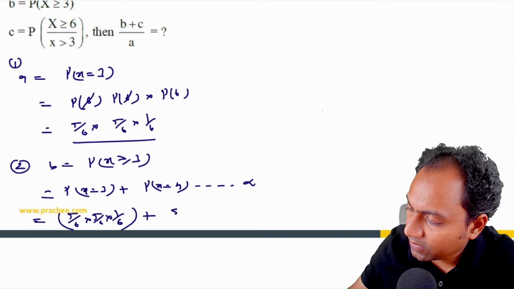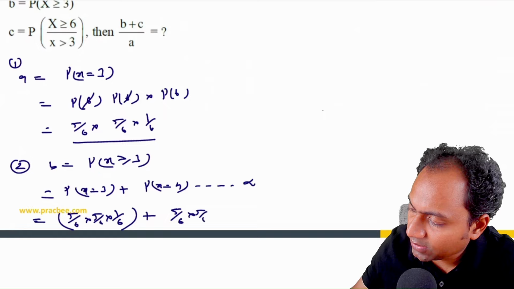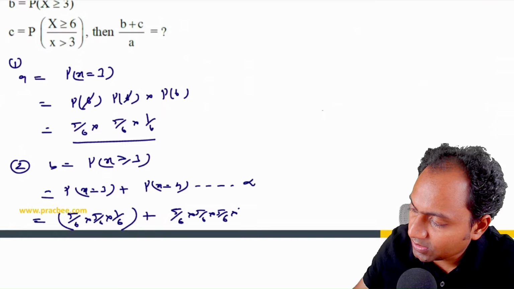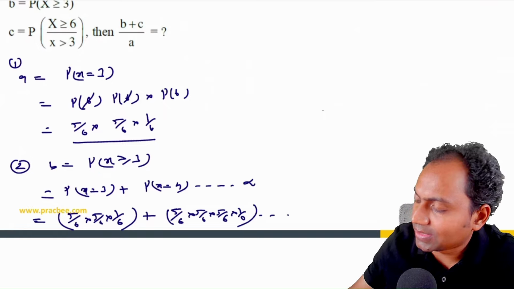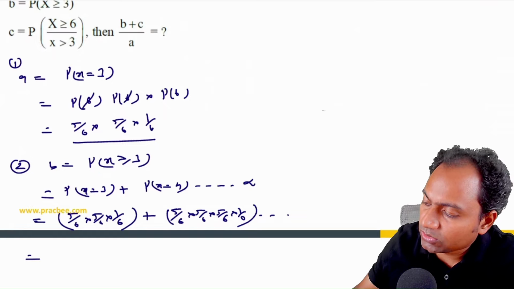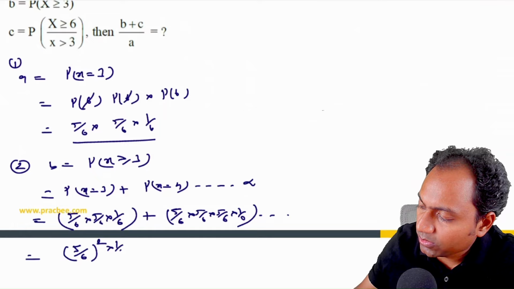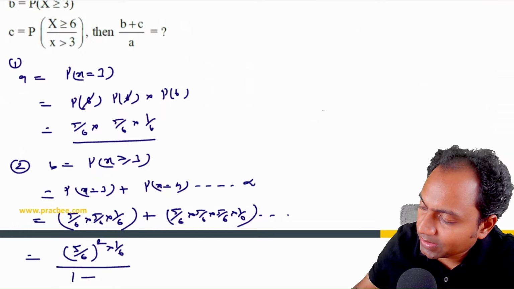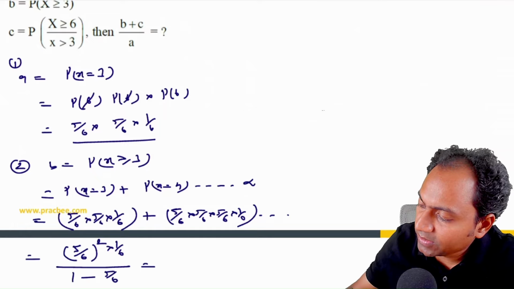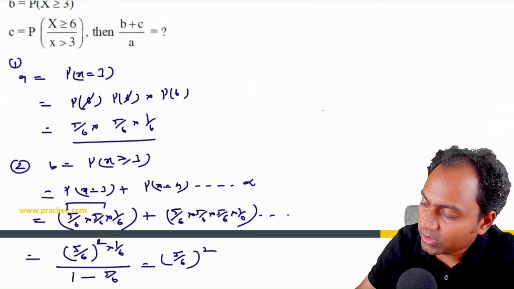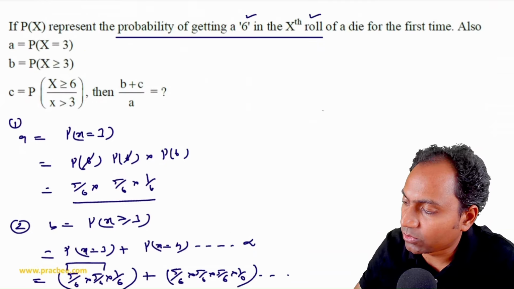The next will become first one is not 6, second one is not 6, next one is not 6, but the next one is 6. You can see that this becomes an infinite series. So the answer becomes nothing but 5 by 6 whole square into 1 by 6, a upon 1 minus r. And if I simplify this, this will become 5 by 6 whole square. The observation here is that this is what the answer came out to be. So it is very simple to do future calculations.